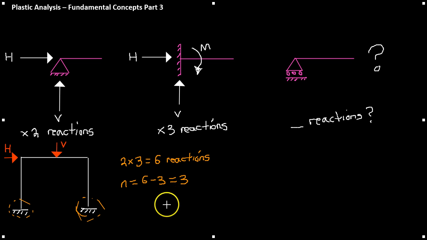Then we can calculate the number of independent mechanisms, capital N. Capital N is simply lowercase m minus lowercase n, and so that will be 5 minus 3 equaling 2. The total number of hinges required for complete collapse will be lowercase n plus 1, so therefore 3 plus 1 equals 4. Now we know that 4 hinges are required for collapse in this structure.